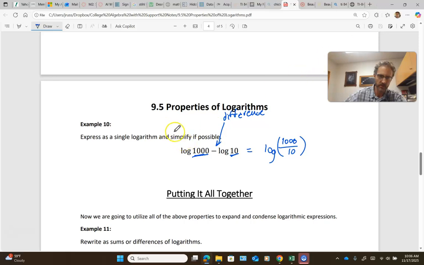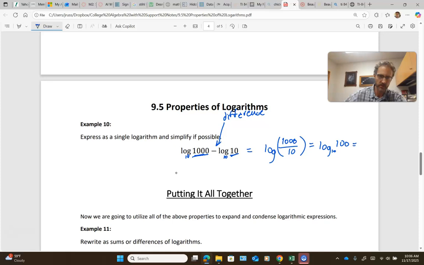And then we can simplify this further. You can divide 1,000 by 10, and that is 100. So this will become the common log of 100. And remember, this is a common logarithm, so although the base is not written, we understand it to be 10.